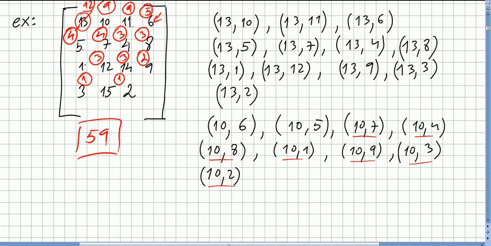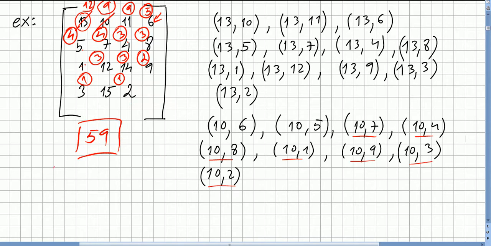So 13, 14, 15, 16, 17, 18, 19, 20, 21, and you cut 10, right? So it's really quick to count, it's really basic stuff. So we have 59 inversions for this permutation.